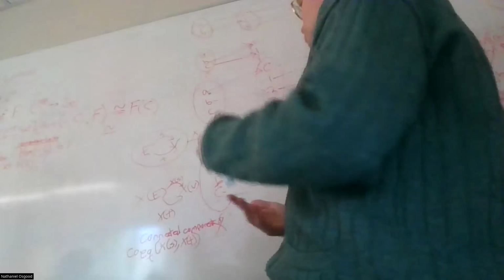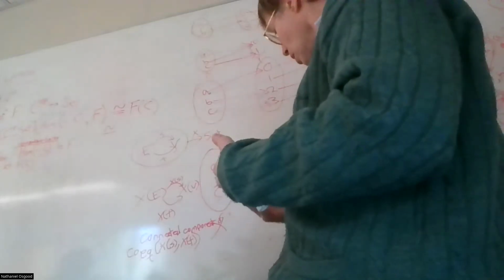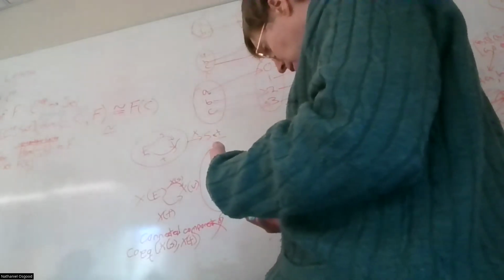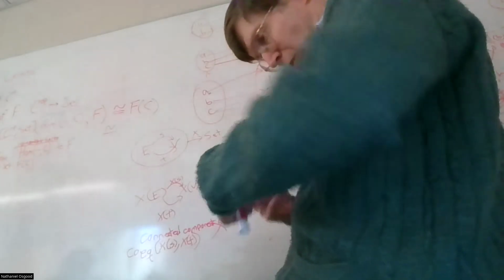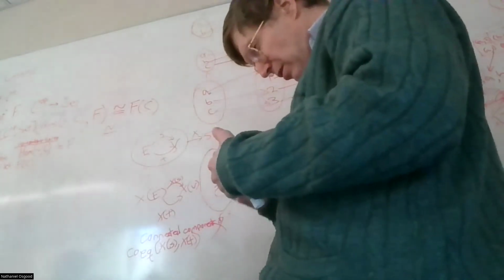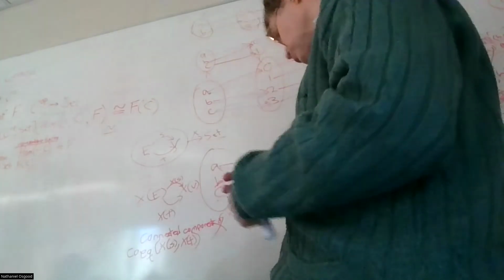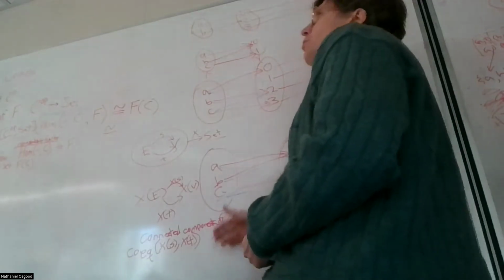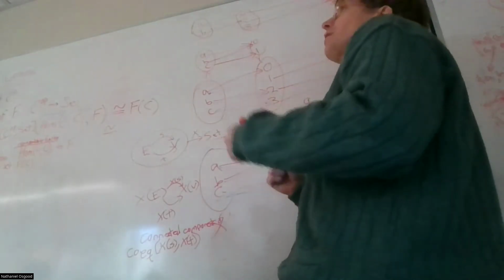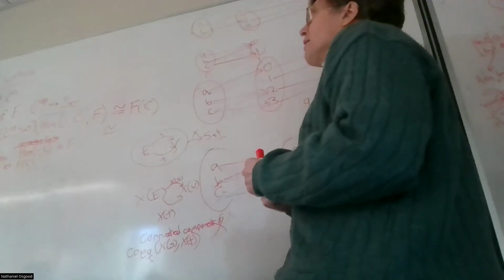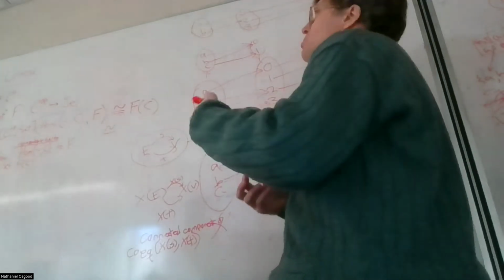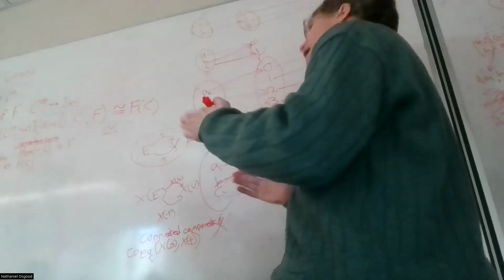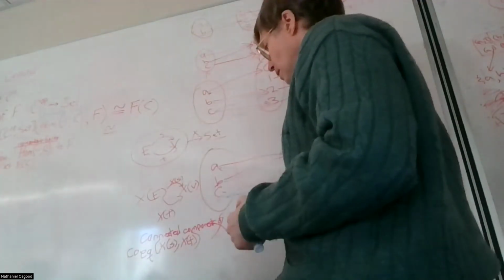So equalizers may seem at first glance to be more directly familiar notions, right? It's like the subset of X that is mapped to the same value of Y. That kind of makes sense. The subset of X where X and Y agree in where they map it.